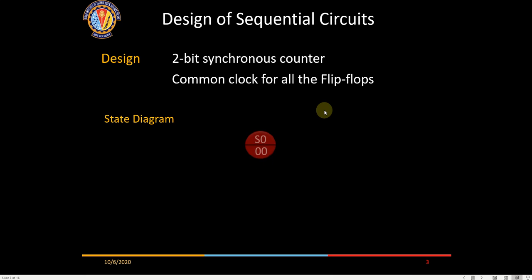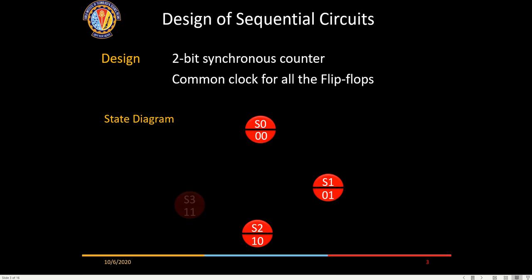So what is a state diagram? A state diagram is a graphical representation of the various states of the flip-flops. Here we have 2 flip-flops. It is 00 for the first state, then it will go to 01, 10 and 11. This is known as the state diagram.